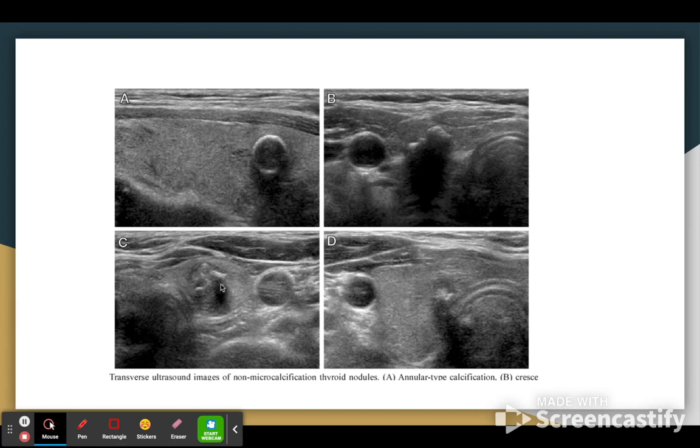And then right here, you can see this is causing shadowing too. This has the shadowing. This one's a little bit bigger than what I saw in my patient, or around the same size. And then here's this one. So I just like to include what it could possibly look like as well, just so you have more of a background or idea in case you do encounter it while you're scanning.